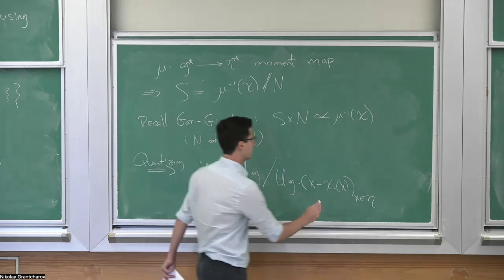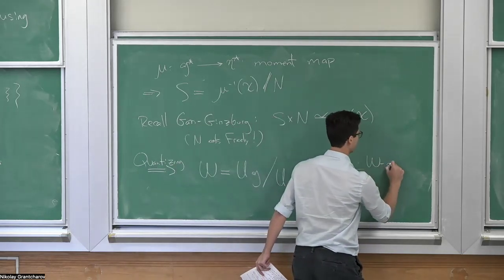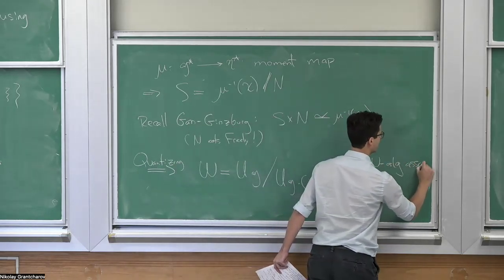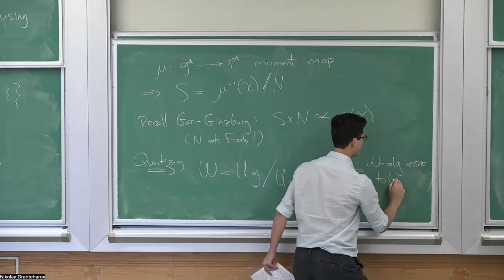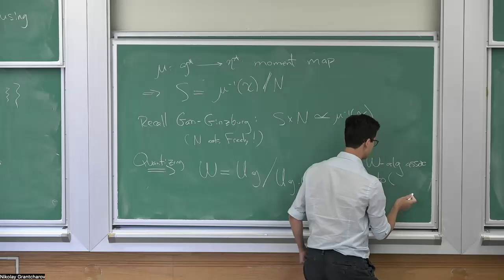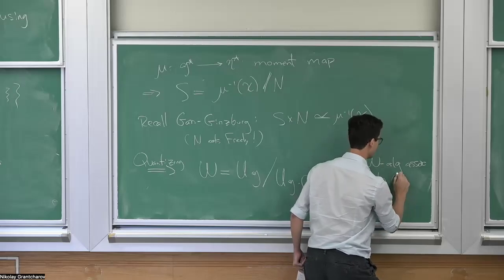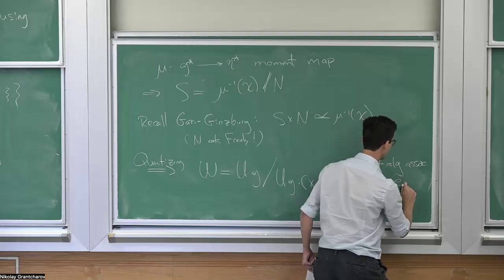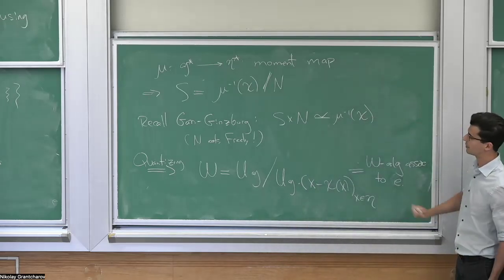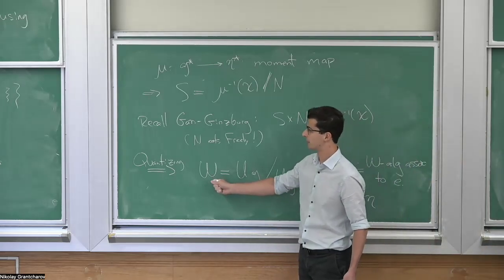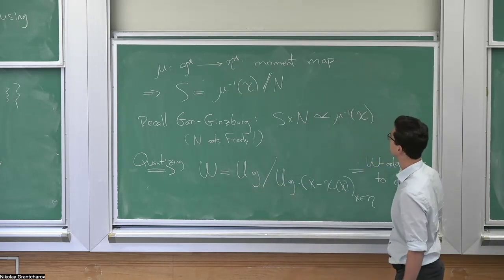This is called the W-algebra associated to the pair, or just to, I'll say, to E. I'm going to omit the notation E from W. E is always fixed. We don't vary E.